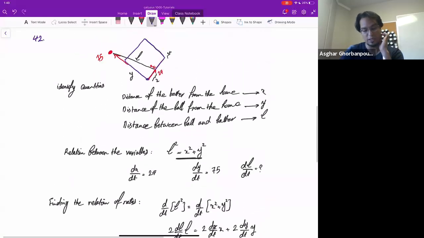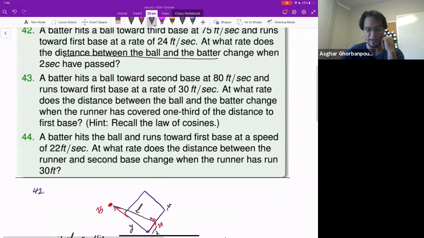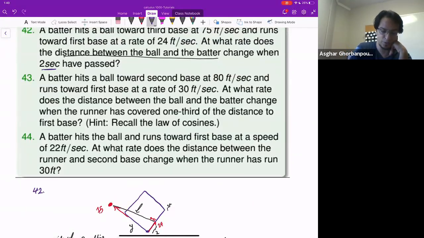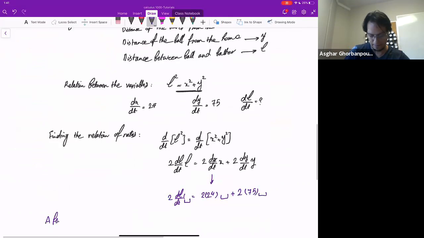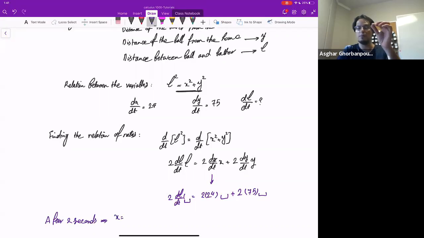Let's go back to the question. The question says, find how fast that distance changes after 2 seconds. That's a key point. The batter runs with a speed of 24 feet per second. After 2 seconds, x, the distance between the batter and the home, is going to be 24 times 2.